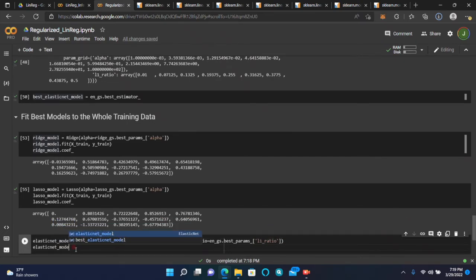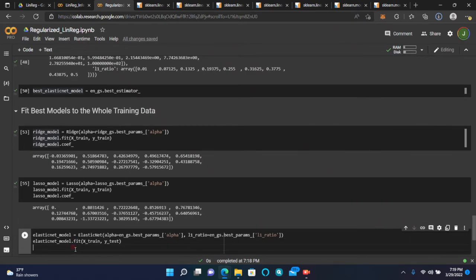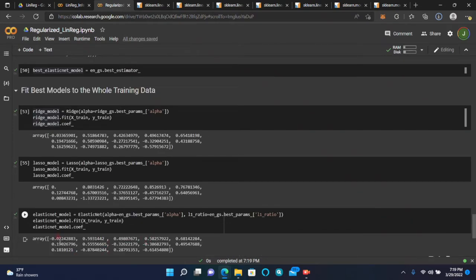And we want to fit that to the training data set. There we go. And we want to have a look at the coefficients. And there those are. And you would expect these to be pretty close to the ridge ones because our L1 ratio was really close to 0. You can see that it is pretty close. It's not exactly the same, but it's pretty close.